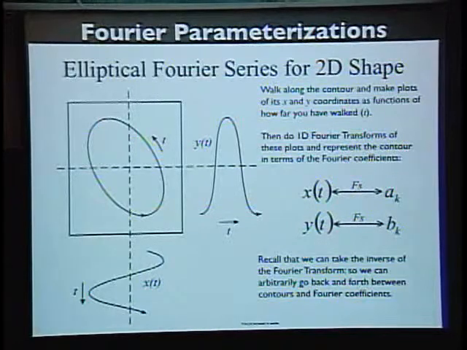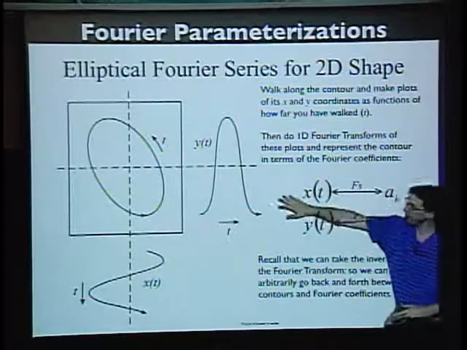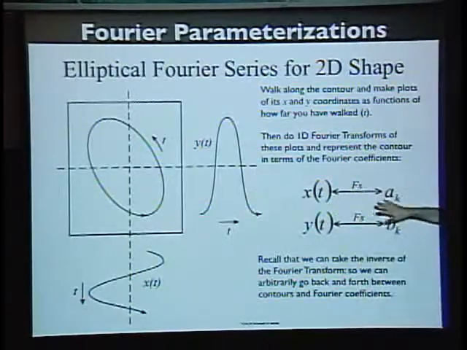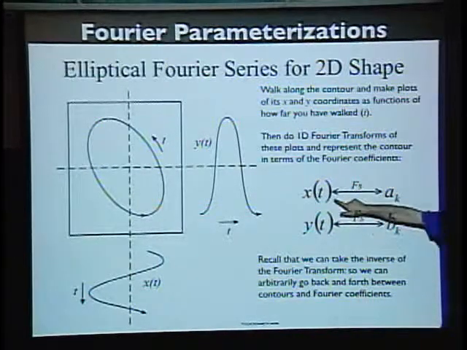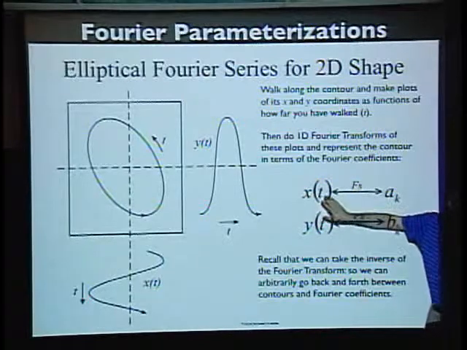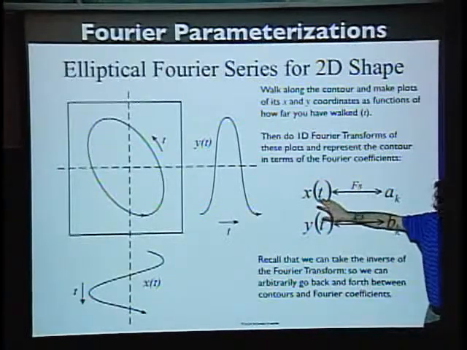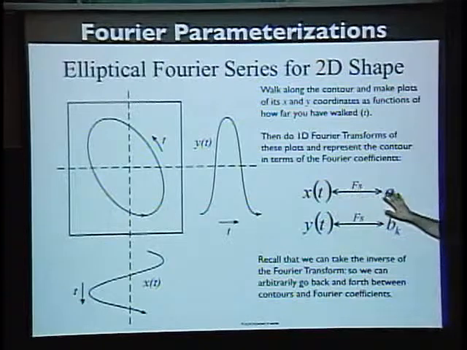Like we talked about earlier, surely you remember this, you can convert any function in the spatial domain into components in the Fourier domain. And remember that we can flip back and forth between the spatial description of the contour and the frequency description of the contour.